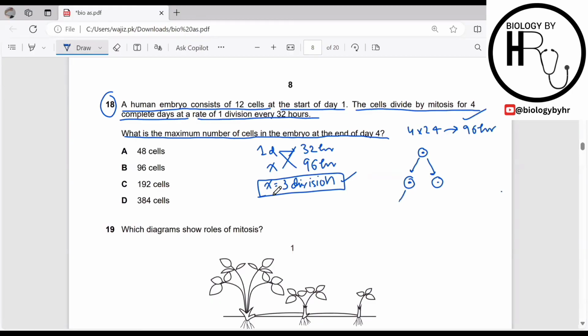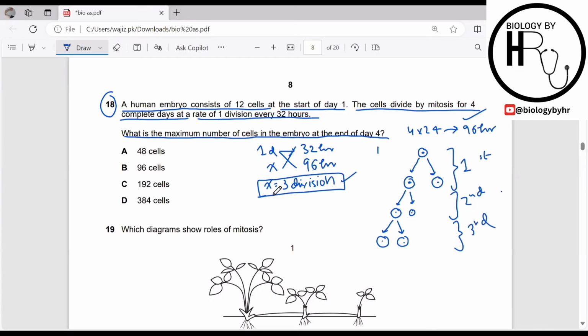Then further, this cell divides into two more cells, which is known as the second division. This was the first division, right? Then this was the second division. And then further, each cell is going to divide into two more identical cells, which is the third division. So how can we solve this question?